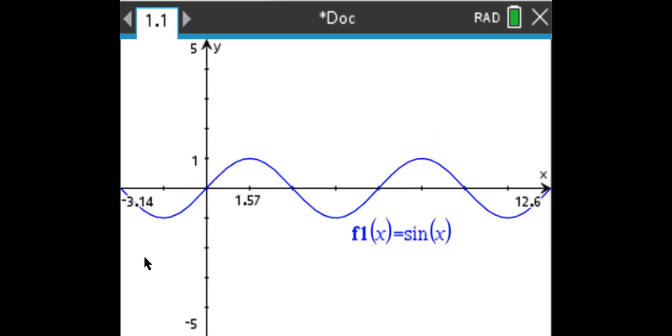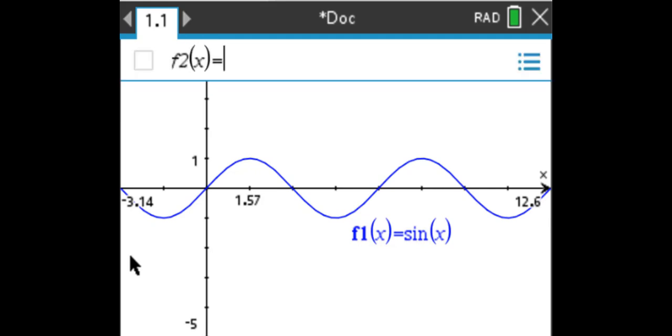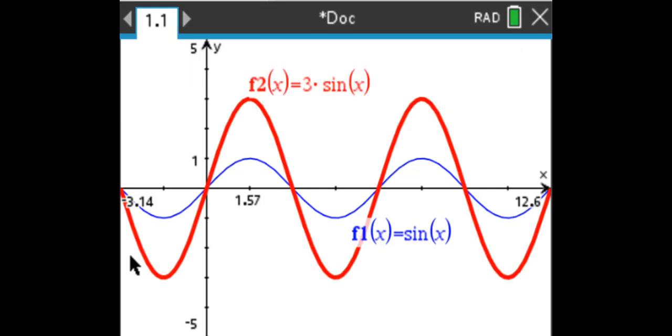So let's do some translations. If I put a 3 in front of my sine x, what happens? You can see the amplitude is now 3. 1, 2, 3. So the number in front has increased all our y values by a factor of 3.